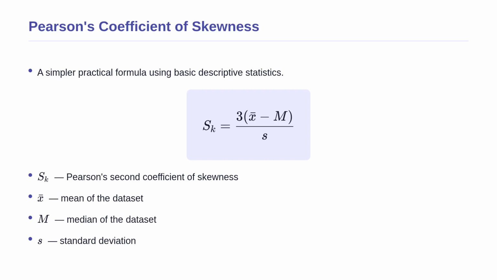Conceptually, it relies on the fact that in a skewed distribution, the mean is pulled away from the median, towards the tail. By subtracting the median from the mean, we immediately see the direction of the skew. We multiply by 3 as a scaling factor, and then divide by the standard deviation, S, to standardize the result. If the mean is higher than the median, the result is positive, indicating a right skew.